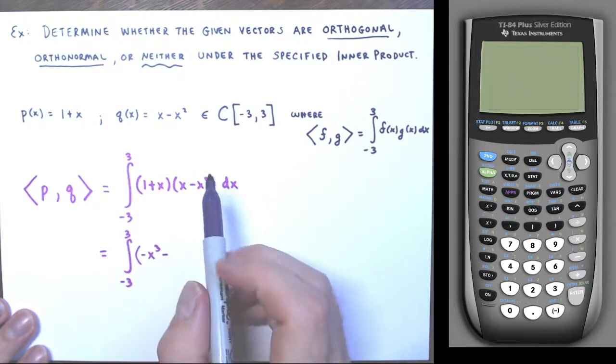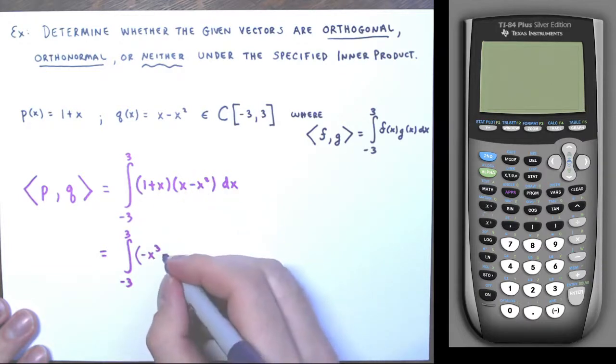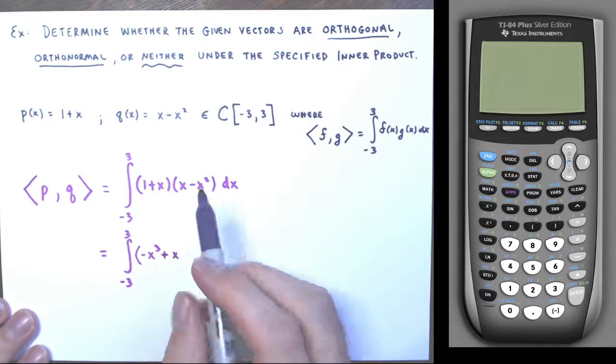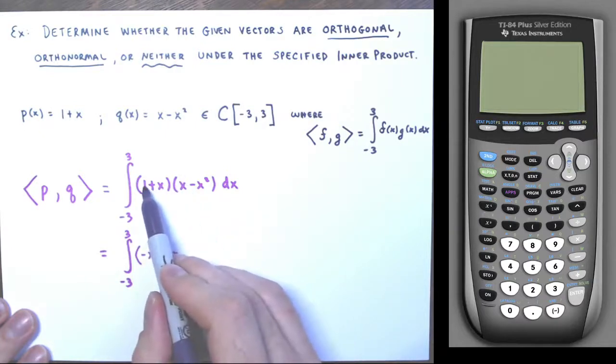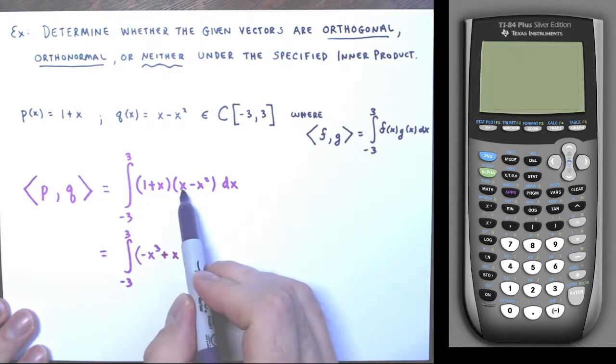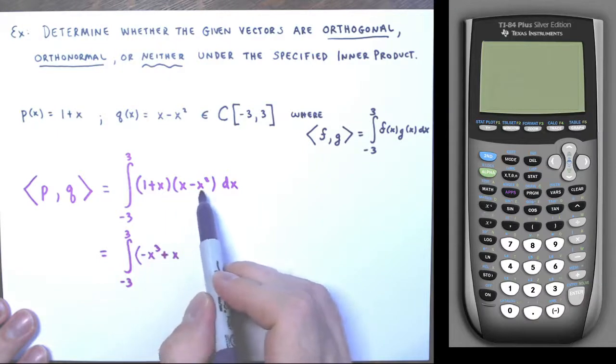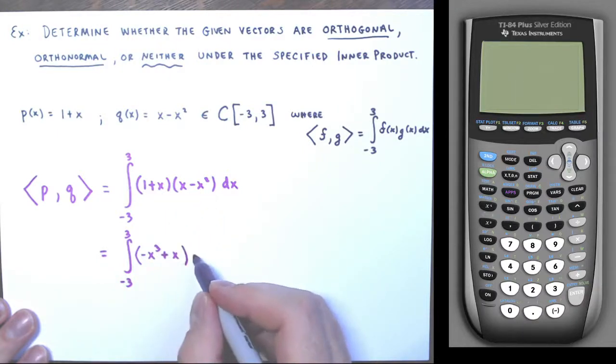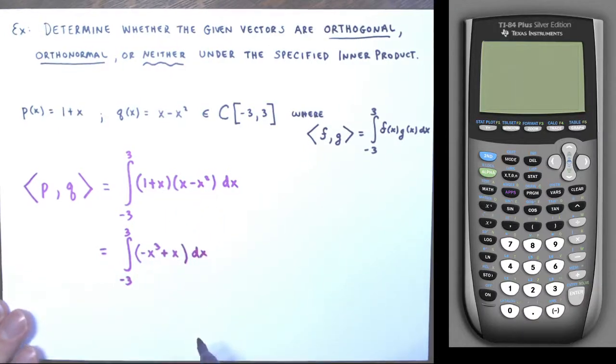Oh, sorry, I also have plus x. So you have x, minus x squared, plus x squared, so no x squareds, and then minus x cubed. So negative x cubed plus x with respect to x.